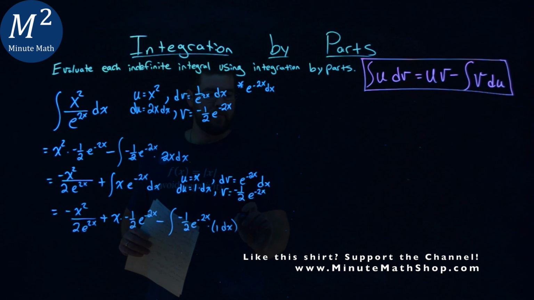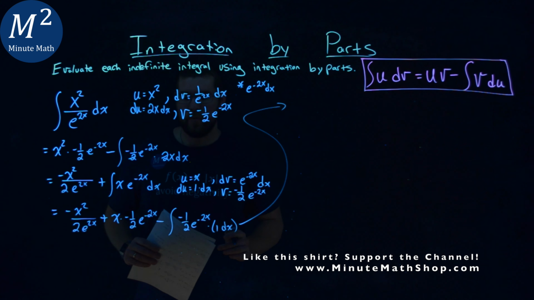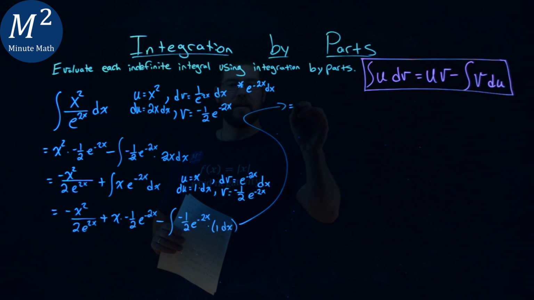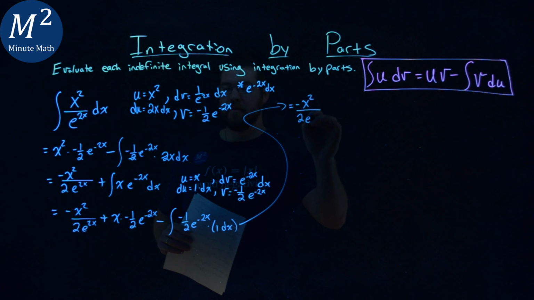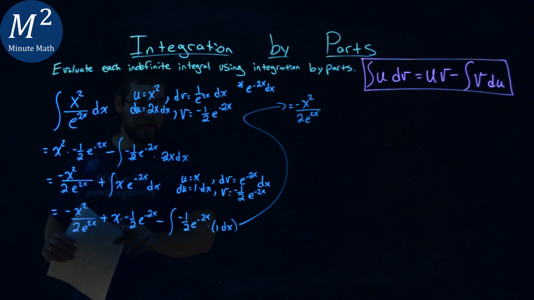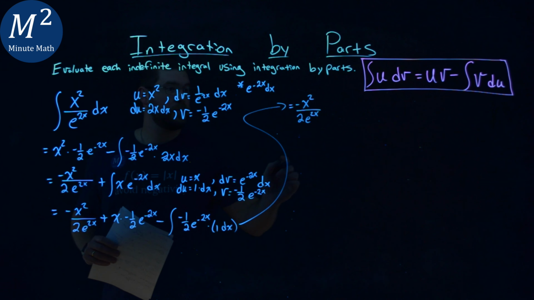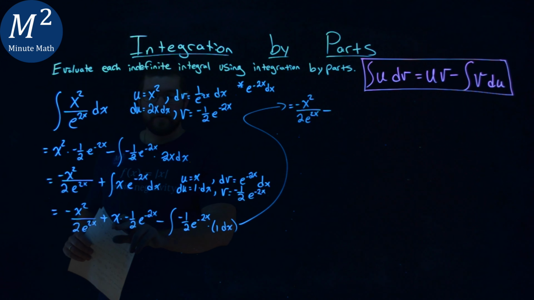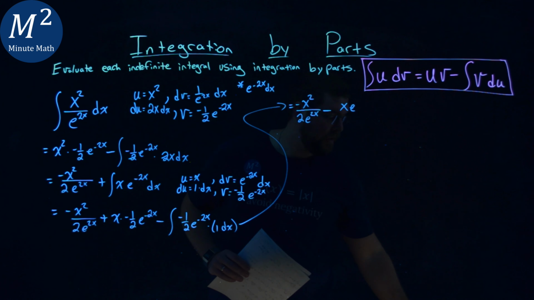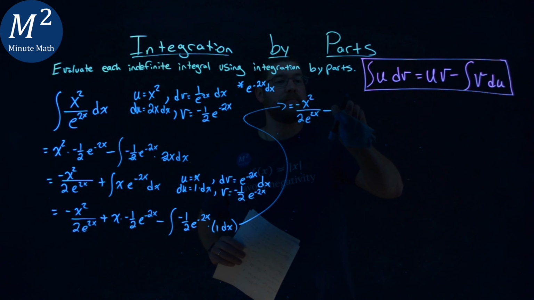So let's go. I'm going to rewrite this up here. Hopefully we have the room. Rewrite the first part. We have a negative x squared over a 2 e to the 2x power. Now, we can subtract now. We have a subtraction sign going here. Our x is in the numerator, so we have x, and e is going to go to the denominator in a second, you'll see.